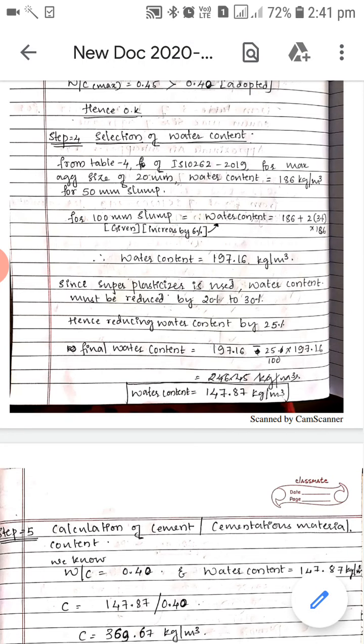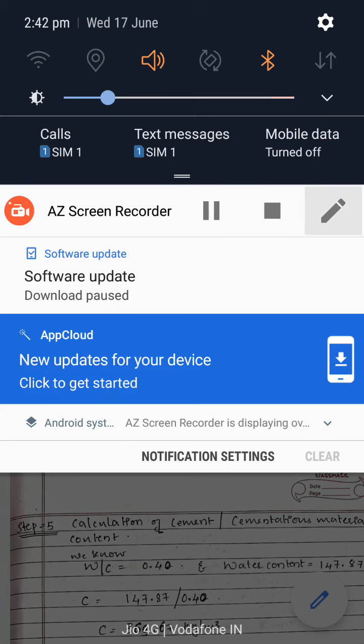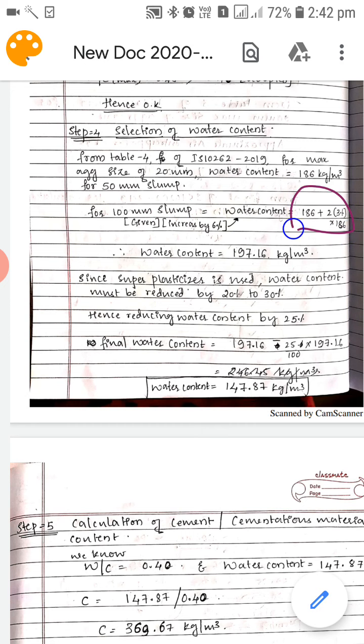I have increased it here, so the total water content comes out to be 197.16.